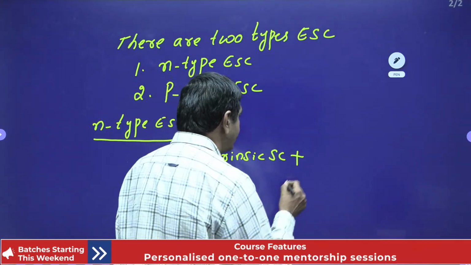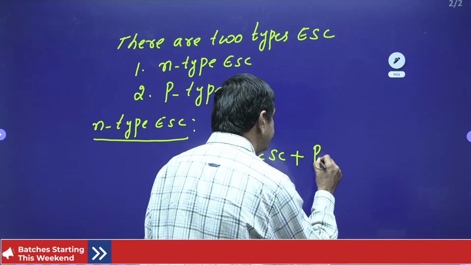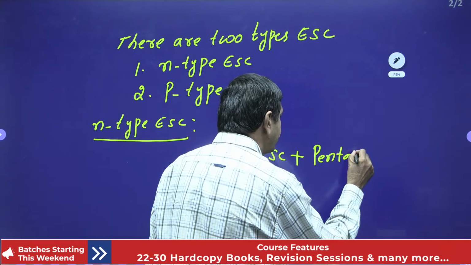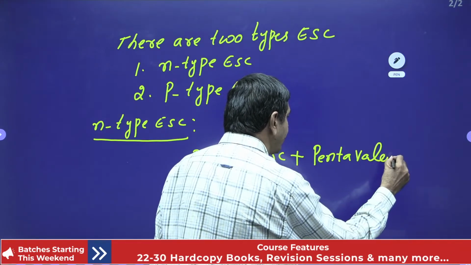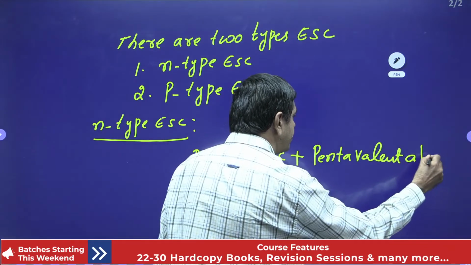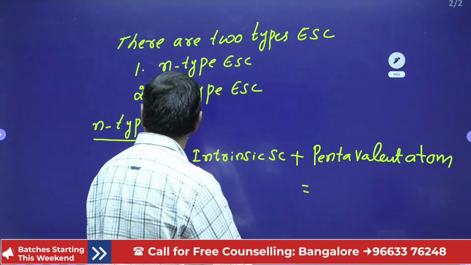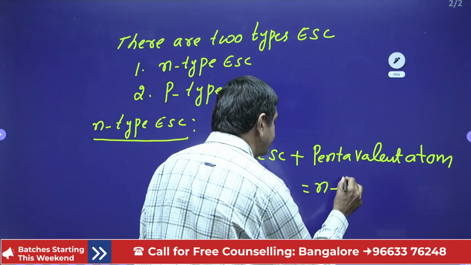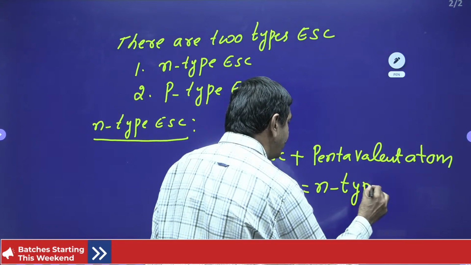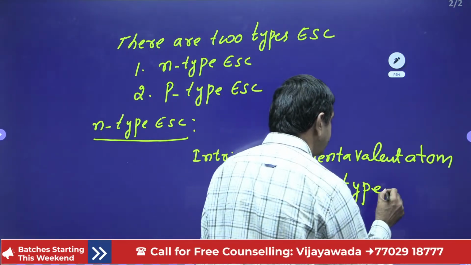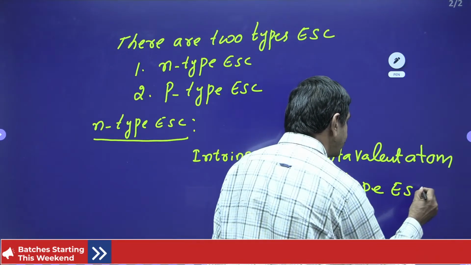Doped with what? Pentavalent atom. Pentavalent atom. Then it is going to form N-type extrinsic semiconductor.